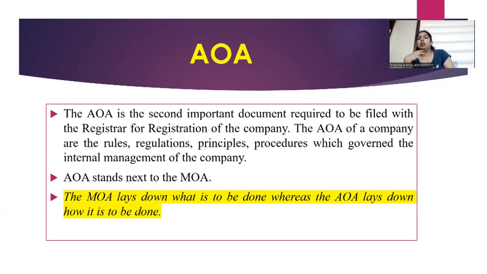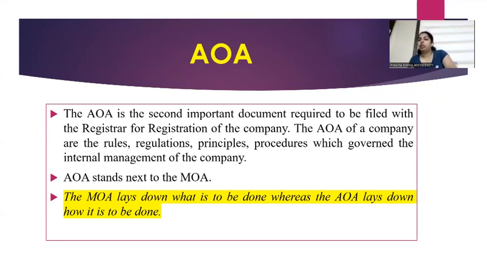So, basically, we can compare MOA as the constitution of the company, and AOA as the statutes of the company. That is how a lot of your company law teachers will teach you how to remember and distinguish between the both of them.